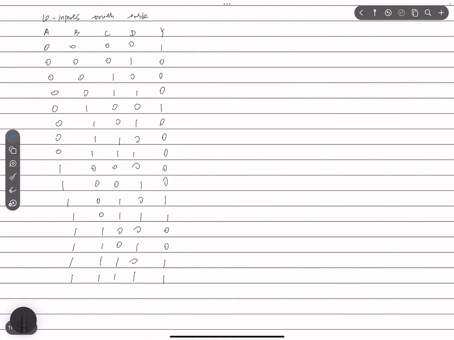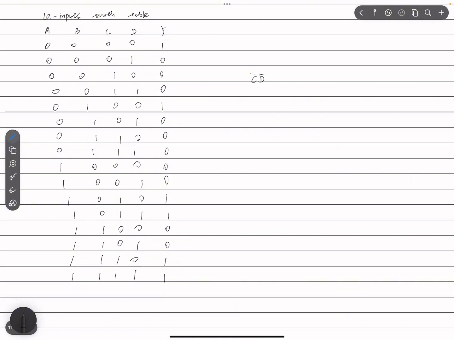We have C bar D bar, C bar D, C D, C D bar, which is 0, 0, 0, 1, 1, 1, 1, 0. And we have 0, 0 here for A bar B bar, then A bar B, A B, and A B bar.